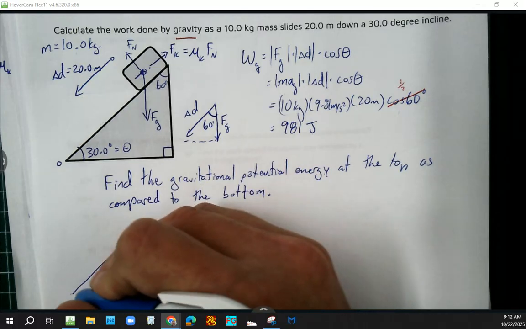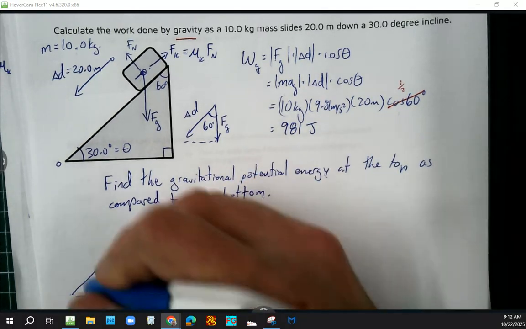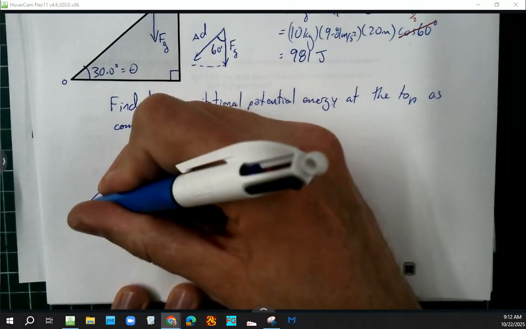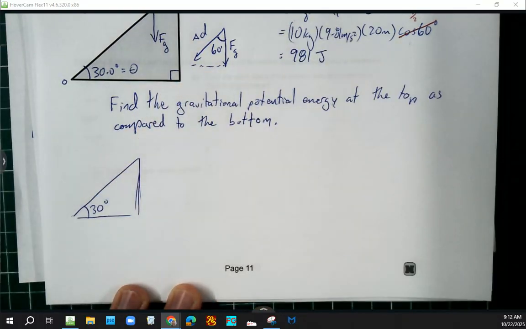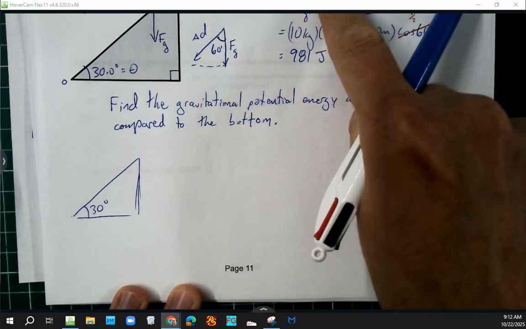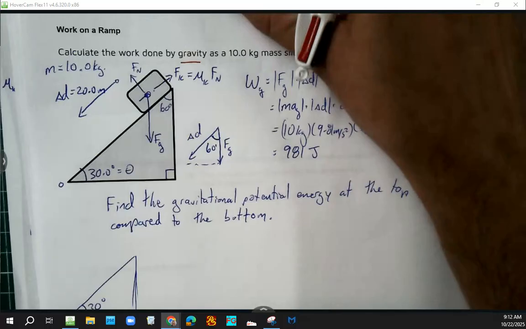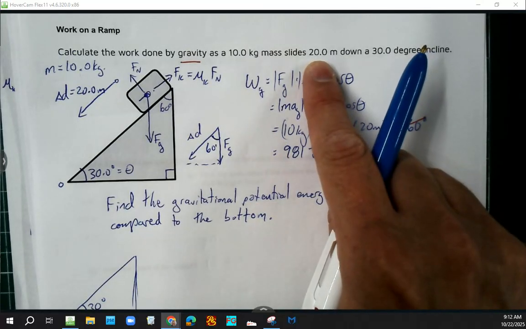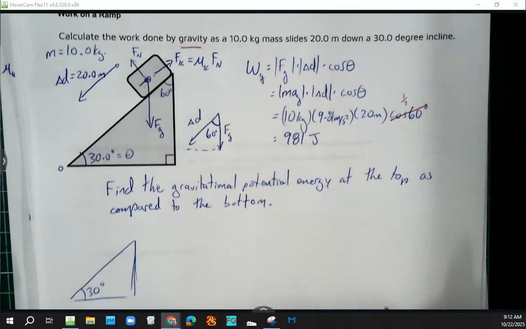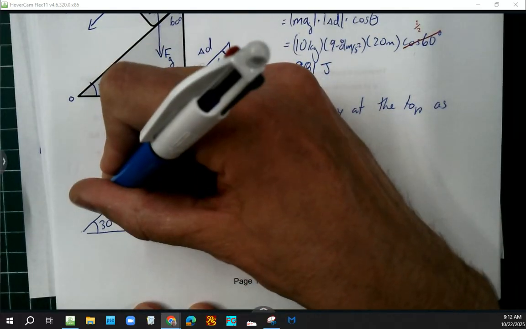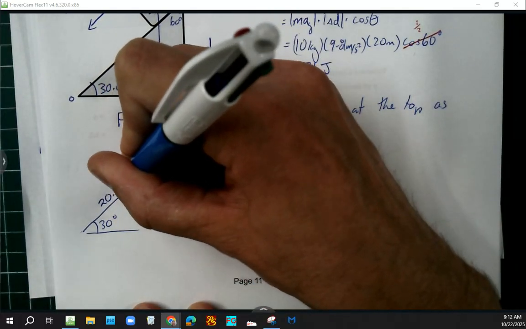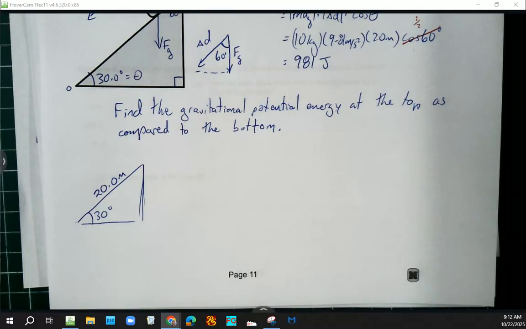I'm going to draw the diagram of my ramp again. If I know that the ramp has an incline angle of 30 degrees, and it looks like it went down by 20 meters, I don't know anything about the physical ramp, but the part of the ramp that we traversed had a slant of 20 meters. Which trig ratio do you like the best?